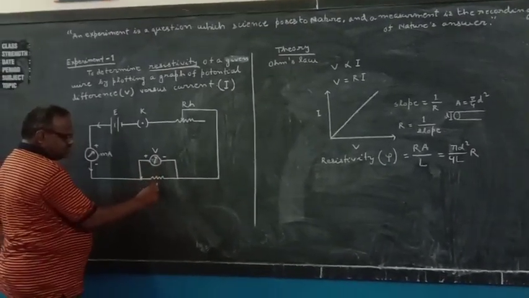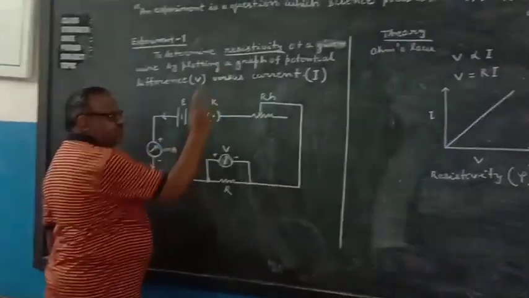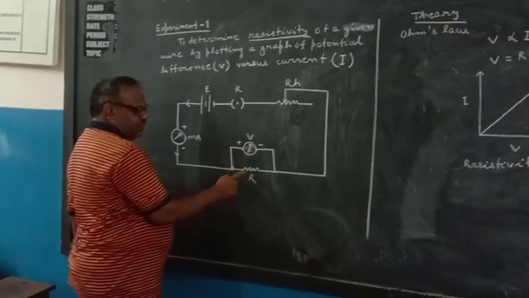This is the resistance coil. This is the given wire whose resistance is to be measured.